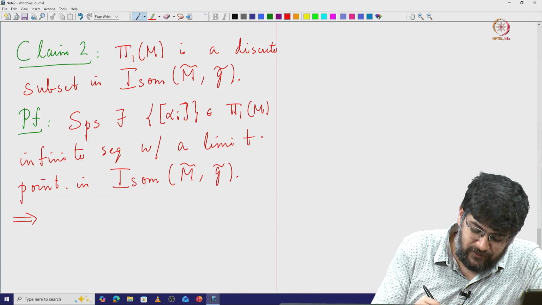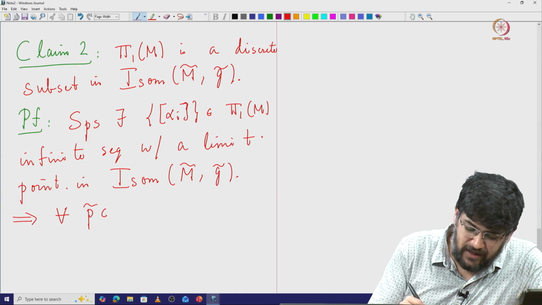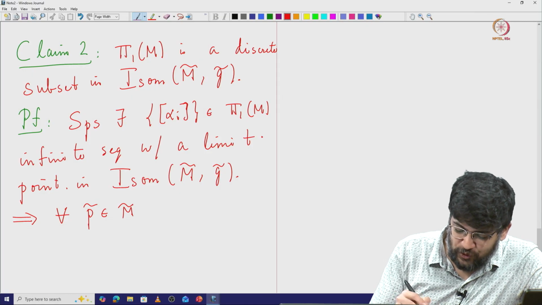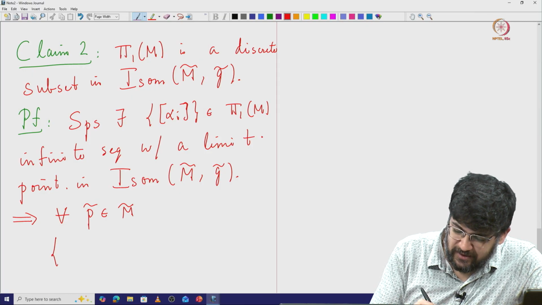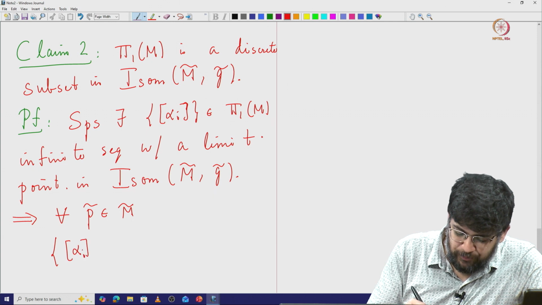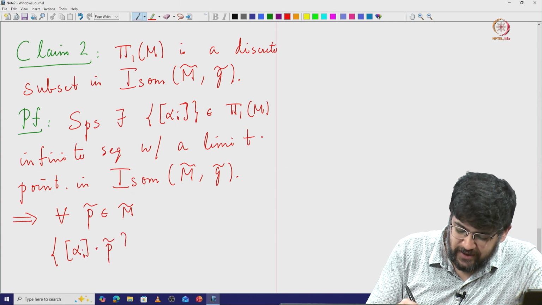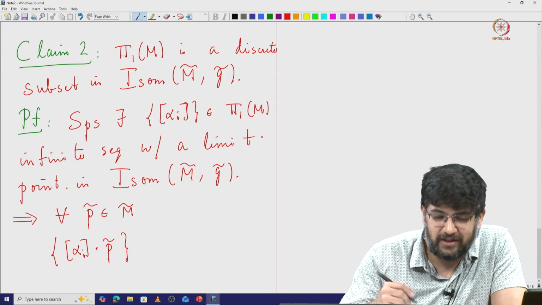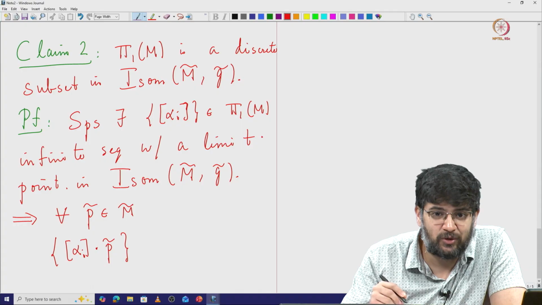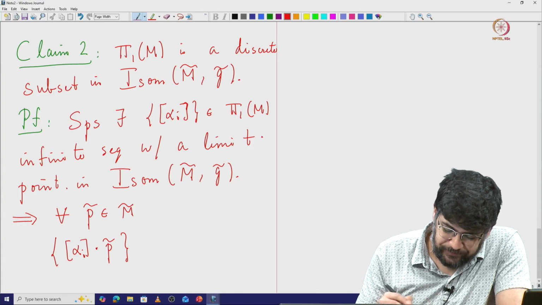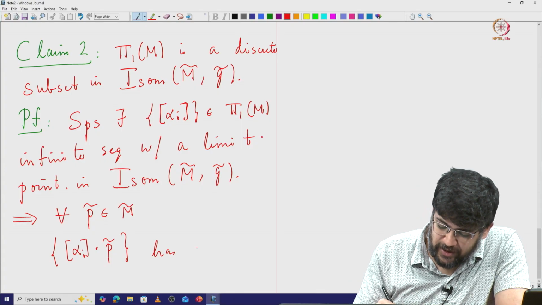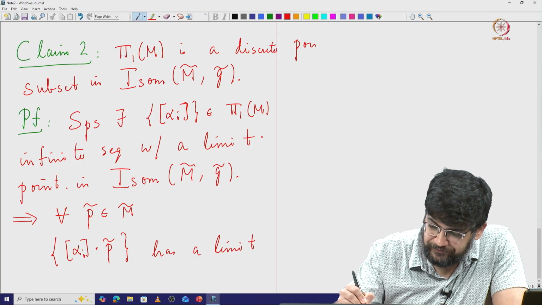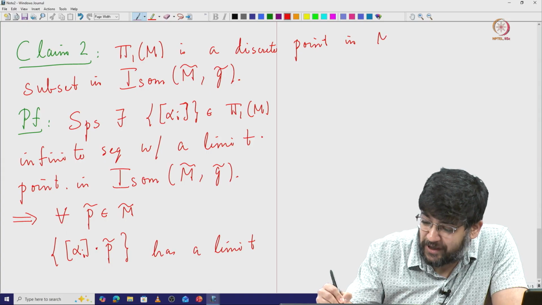Then this implies that for all p tilde in M tilde, the corresponding points, which are the image of p tilde under the diffeomorphism corresponding to alpha i, have a limit point in M tilde.